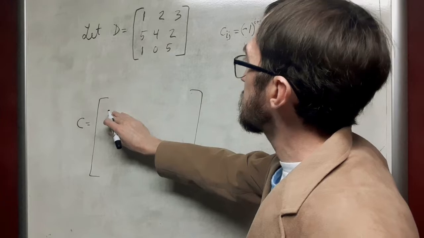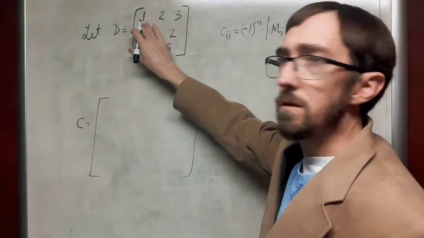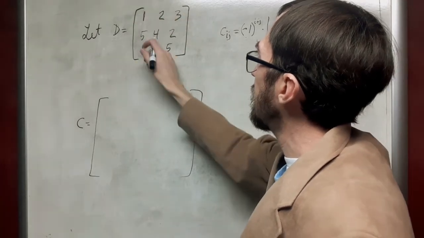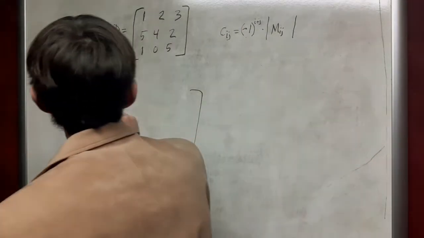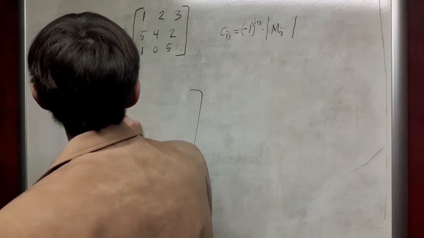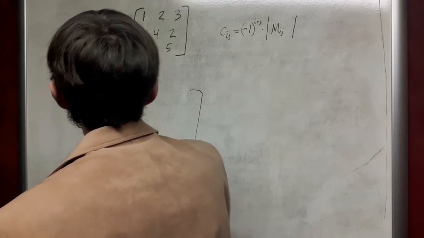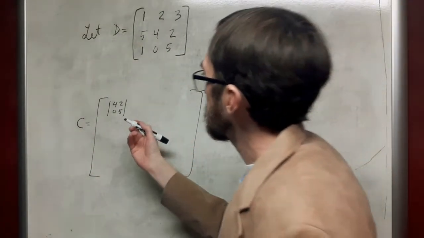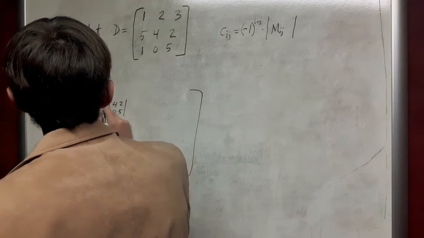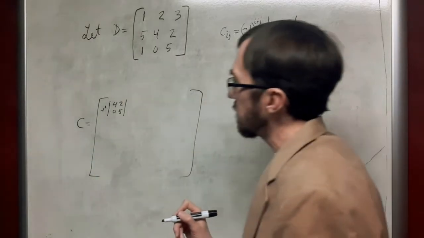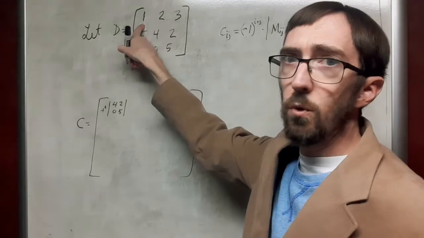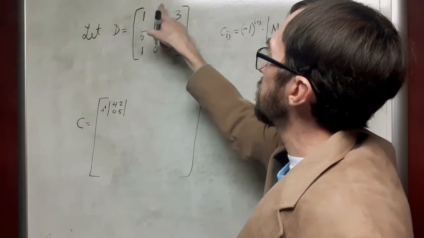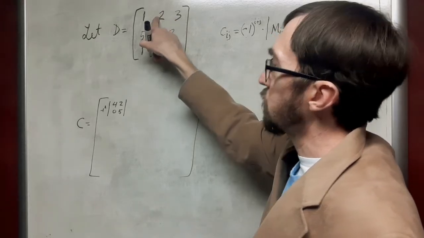For the first entry, I am looking at element 1 here. Removing this row and this column, I have 4, 2, 0, 5 that I would like to have the determinant for. And this is going to be -1 to the second power because I'm at position 1, 1 here. Moving over to here, I'm still in row 1, but I am now in column 2, so this is 1, 2.